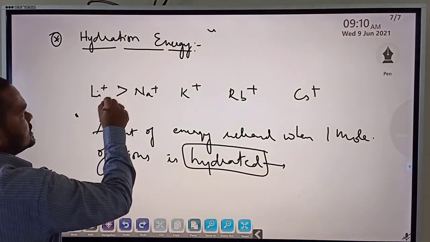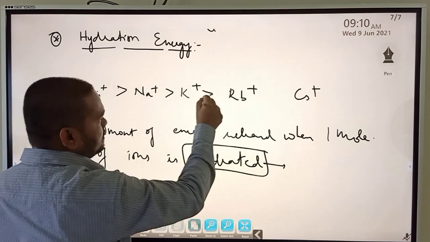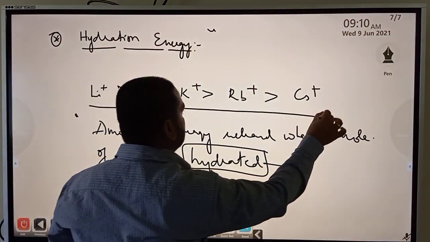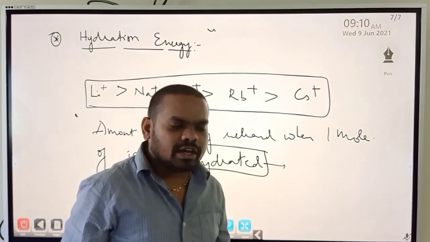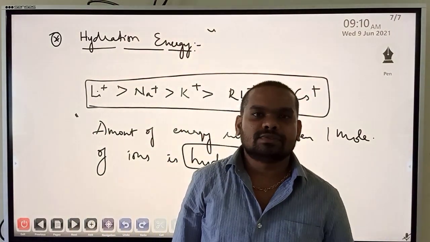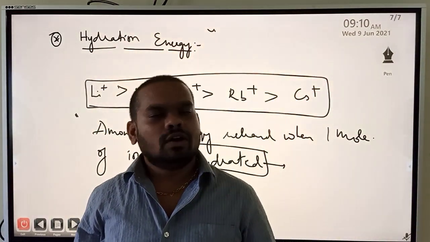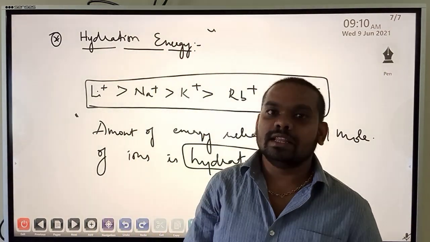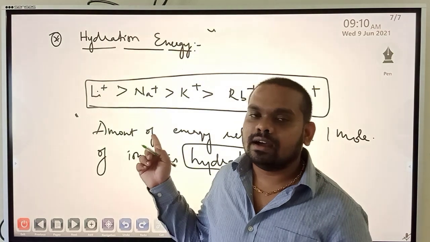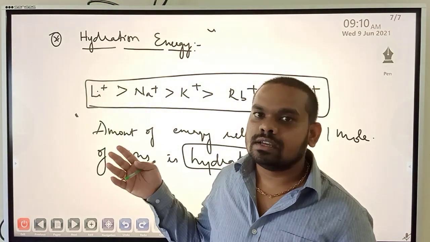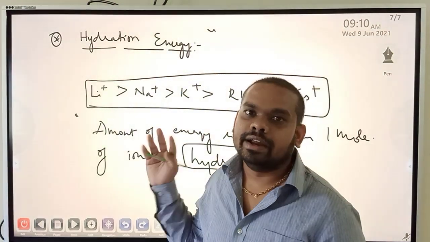So I have the greatest for lithium plus, followed by Na plus, K plus, Rb plus and Cs plus. This is the order of hydration energy. Very important for NEET or JEE or any other competitive exams regarding the first group elements: degree of hydration, that is the radius of hydrated ions, then conductance and hydration energy.